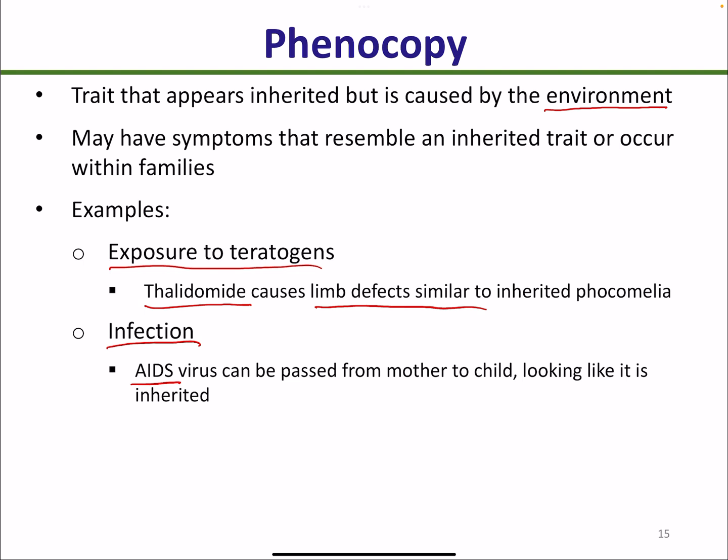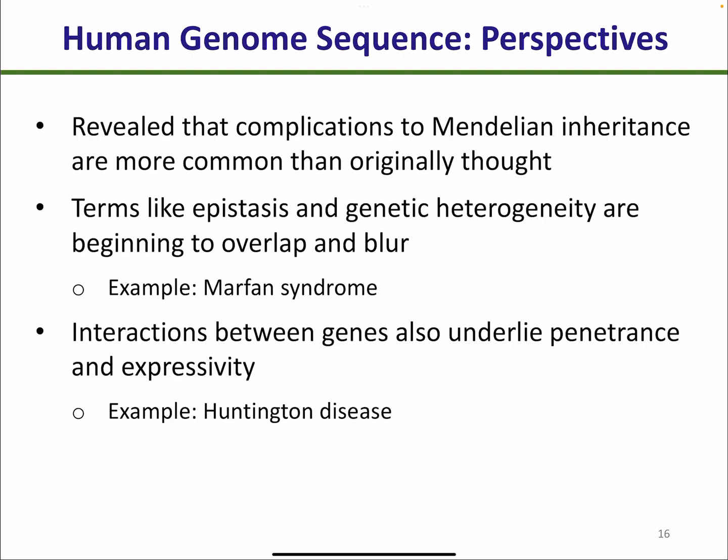There is exchange of fluid between mom and the baby, right? When the baby is still in the womb, right? Some factors, including viruses, are able to cross the placenta barrier, right, and find themselves in the baby, and at that point the baby is HIV positive, right? So that's the case of phenocopy.